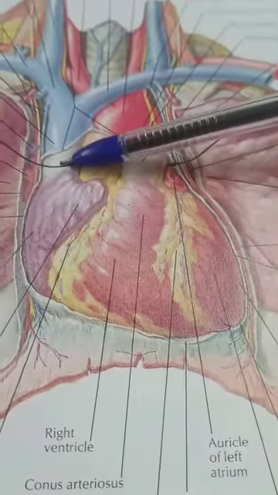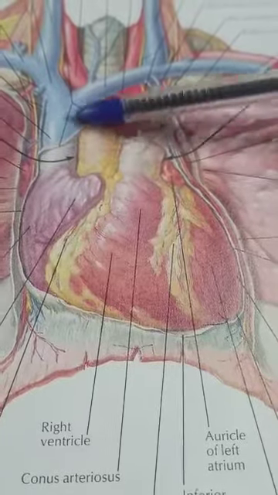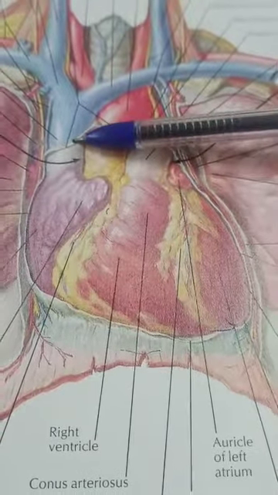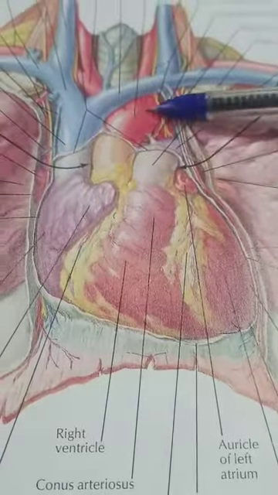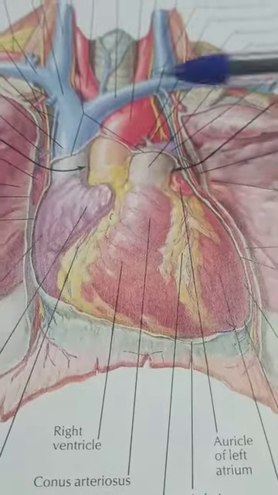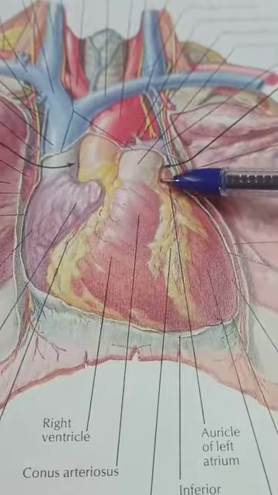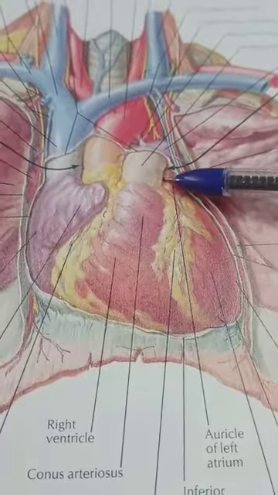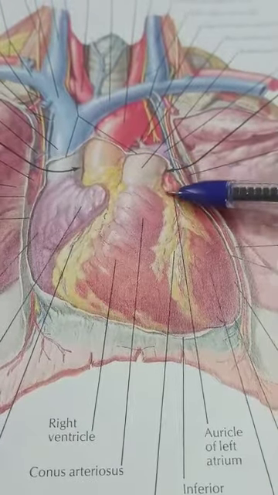Here above the right atrium we can see the superior vena cava, this is the aorta, this is the pulmonary trunk. Here also we can see a small projection, that is an extension of the left atrium. This is known as the left auricle.